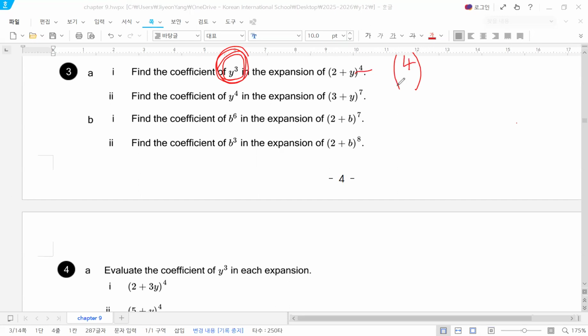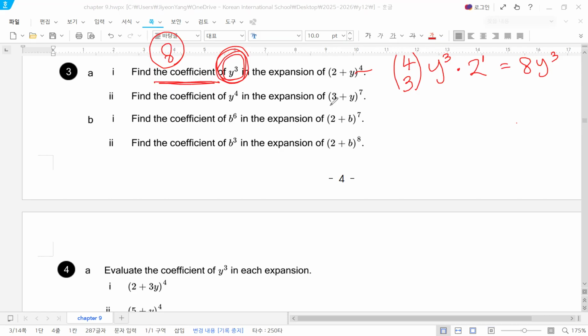And what is the power of y? 3. Do you understand? Times y to the power of 3 times 2, 1. So it equals 8y cubed. Therefore, you should write down 8 only because they ask you to find the coefficient. So only the number.